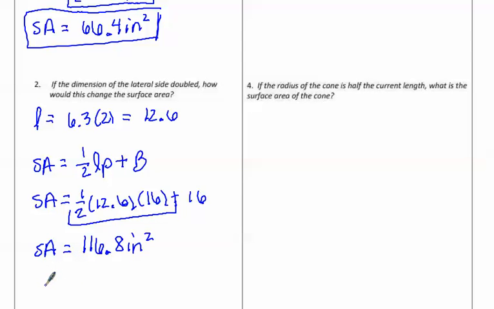So if I divide 116.8 by 66.4, I will get 1.76 inches squared. So the surface area has almost been doubled.